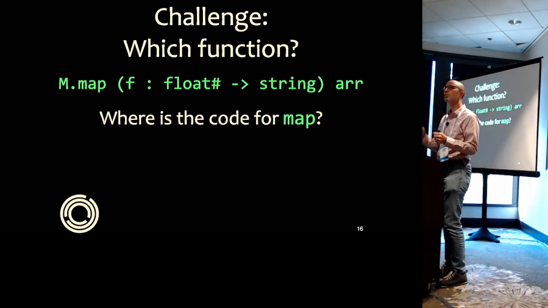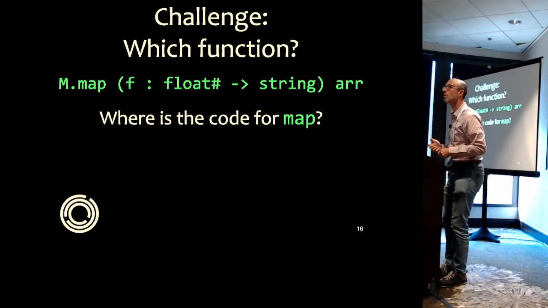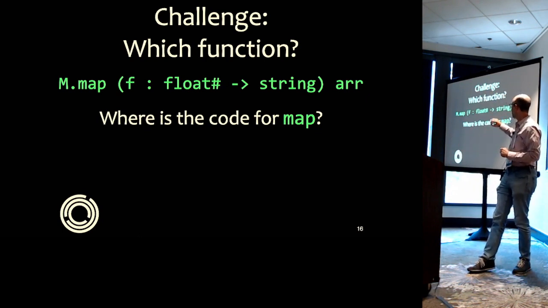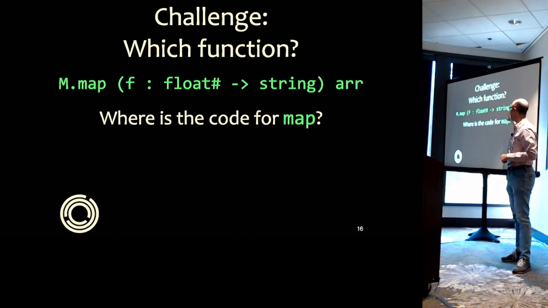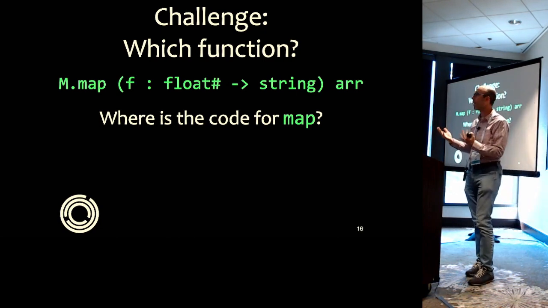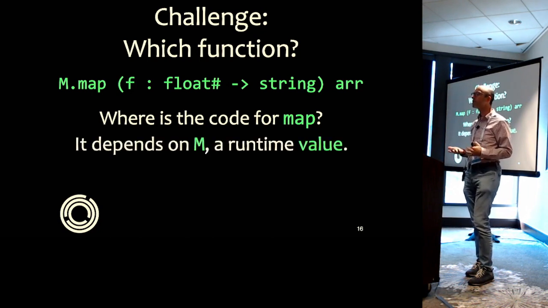Okay, so then the next question that we have to ask is, if we're going to do this monomorphization, that means we need to go and find the code to monomorphize. So here, somewhere else in my program, I have a call to map that looks like this. So I'm calling map, and here is some function f of this particular type working over some array. Well, to be able to monomorphize map, I need to go out and find the code for map. But the problem is that finding that code is going to depend on my module m.